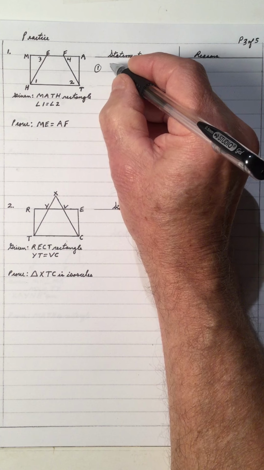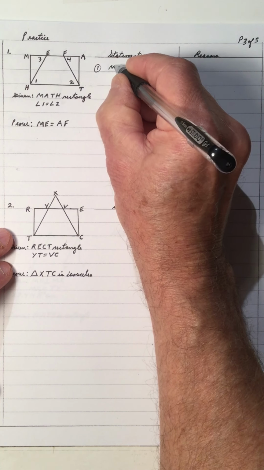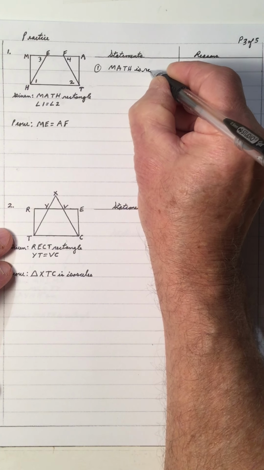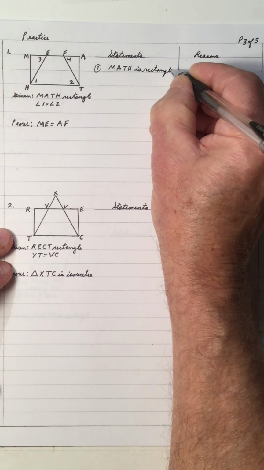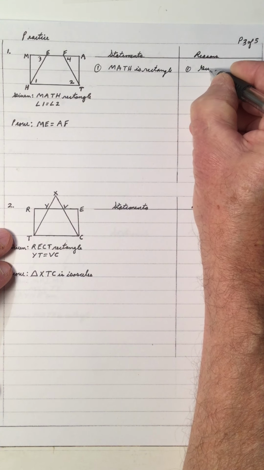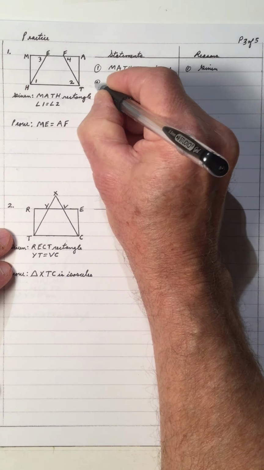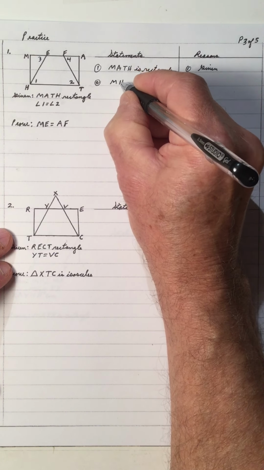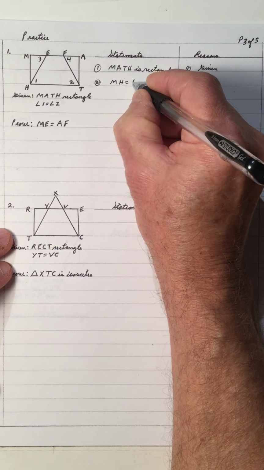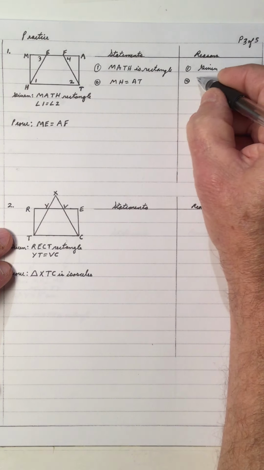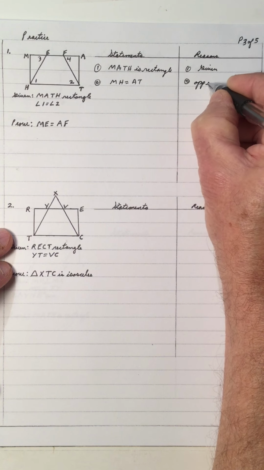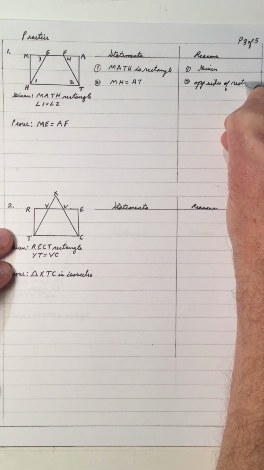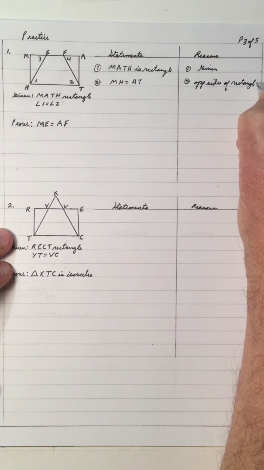Let's do the proof. Let's say that MATH is a rectangle, and that's the given. So what properties do we have equal in the triangle? Well, I have MH equals AT because the opposite sides of a rectangle are equal.